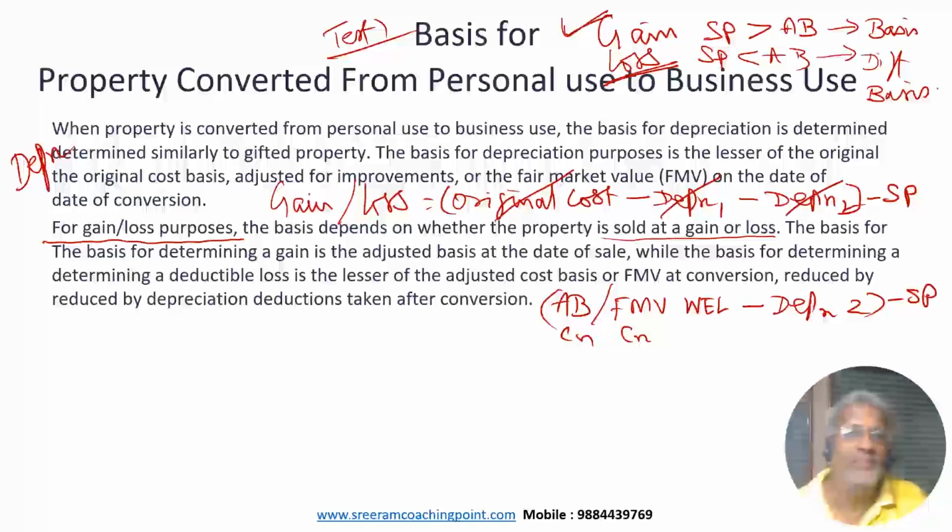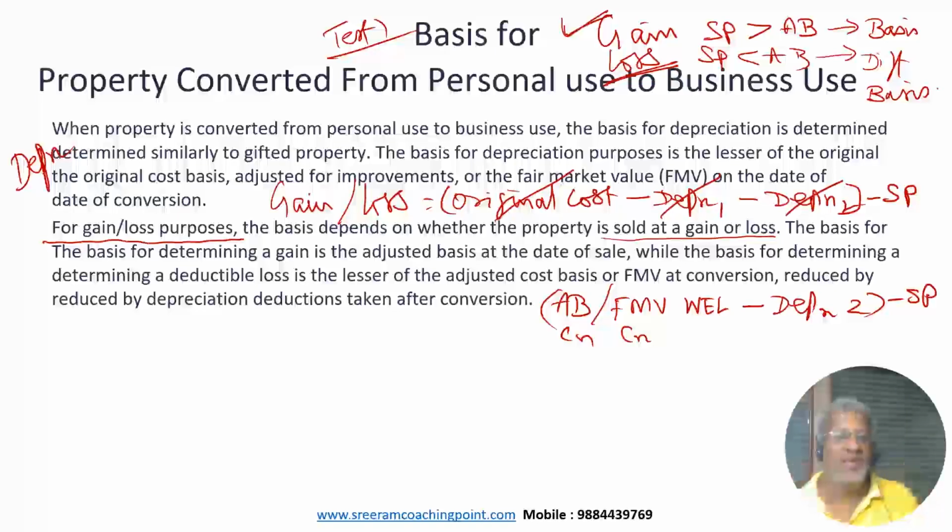Let us just take up a scenario of loss. On the same note, when we compute the basis on the date of sale, it is going to be original cost minus depreciation 1 minus depreciation 2. This is an adjusted basis on the date of sale, and upon comparing it with the selling price, where the selling price is lower than this, it is going to be a loss.